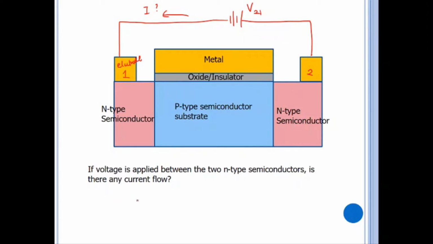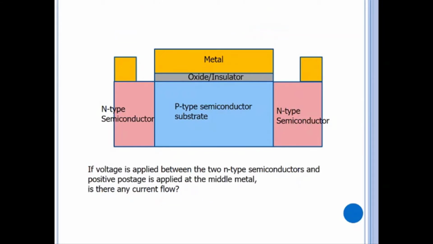So the answer is no current flow. So how can we enable the current flow? How can we make the current flow from electrode number 1 to electrode number 2 or vice versa?